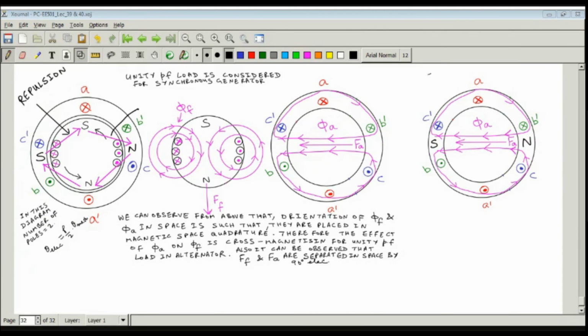This one is attraction. South pole getting attracted by north pole on the stator core. This is again repulsion. North pole repelling north pole. And this thing is again attraction. So what do you find here? That electromagnetic torque is developed in generating mode, but it is clearly acting in the clockwise direction.